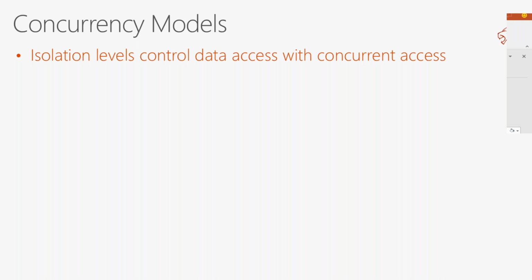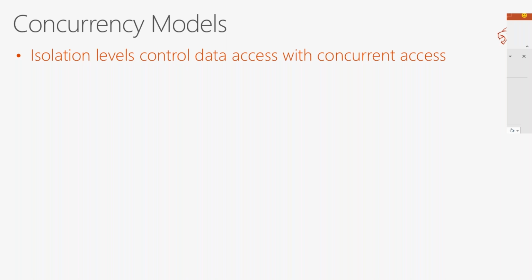So the point is, while I made the modification, nobody should see the data, right? Because I may change my mind, I may roll back the transaction. Like, for example, you go to a bank, you want to deposit some money into your account, you are typing the amount you want to deposit, and then you realize you typed the wrong amount. You can abort the transaction.